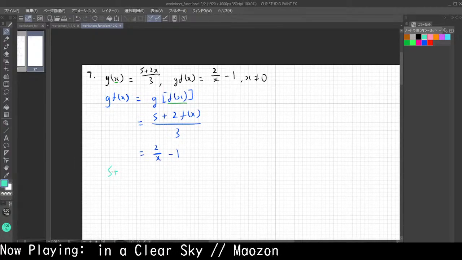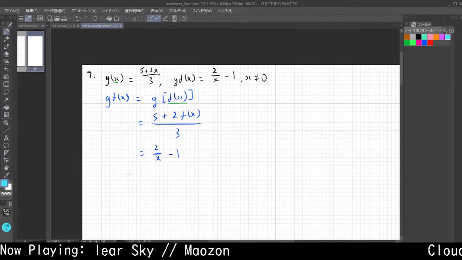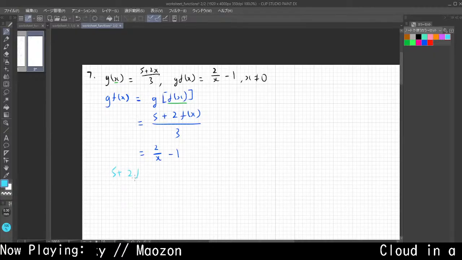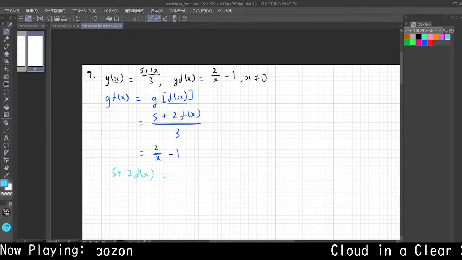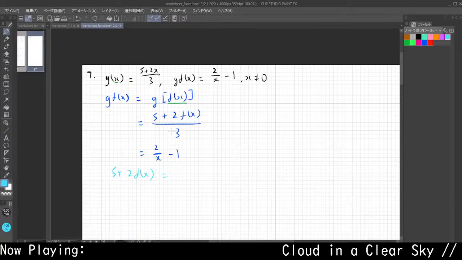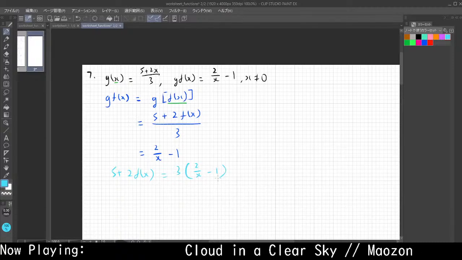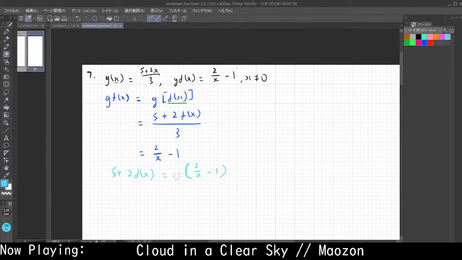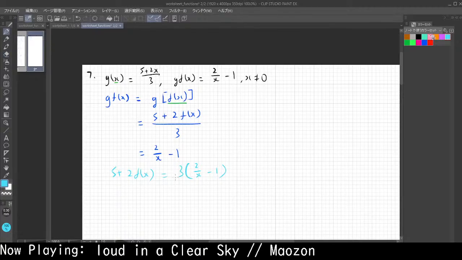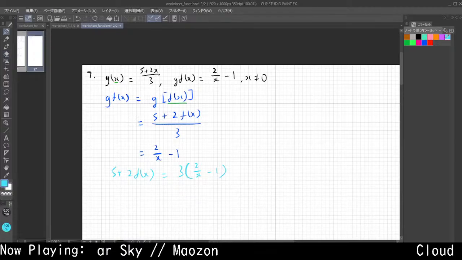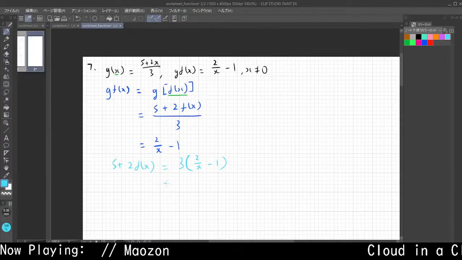It's actually kind of hard to see. 5 plus 2f(x) equals, divide by 3, move over to the other side. The other side is where 2 over x minus 1 is. 3 multiplies. I'll just check later, if I check now it will be extra time.